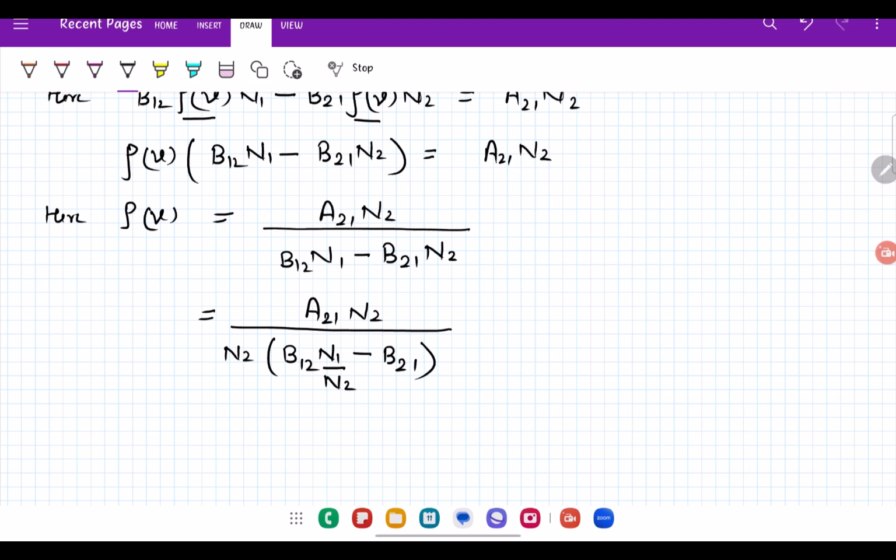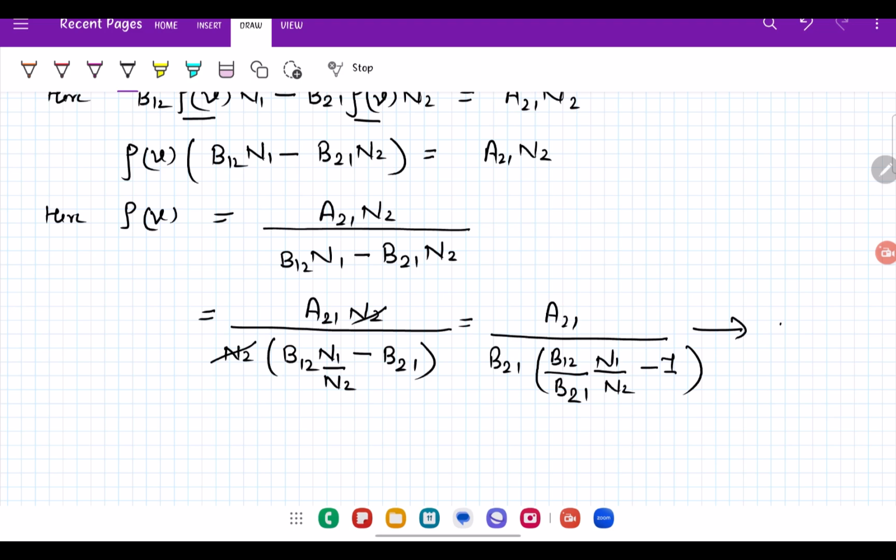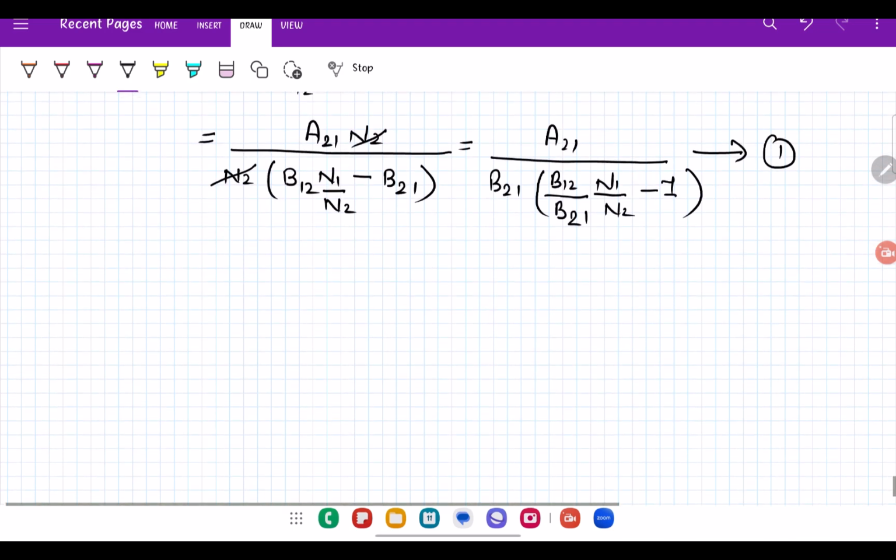Again here this N2 is going to be cancelled out, and again B21 we need to take outside, so B21 times B12 over B21 times N1 over N2 minus 1. Okay, so I'm calling this my equation number 1.